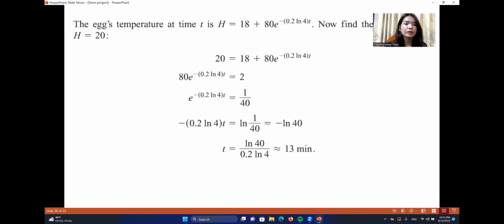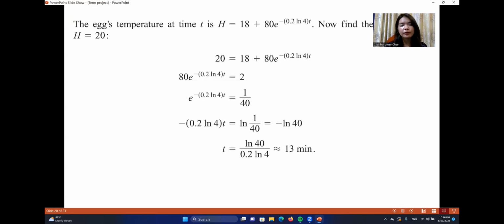Then the egg temperature at time t is H equals 18 plus 80 e to the power of negative 0.2 natural logarithm of 4 times t. Now to find t when H equals 20, we replace the value of H into our equation. We get 20 equals 18 plus 80 e to the power of negative 0.2 natural logarithm of 4 times t. So we find e to the power of negative 0.2 natural logarithm of 4 times t equals 1 over 40.